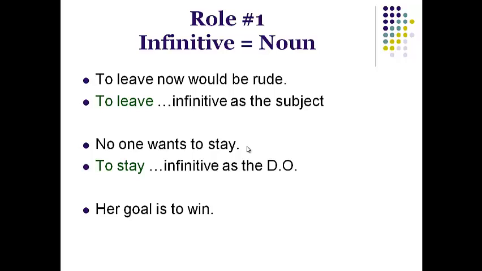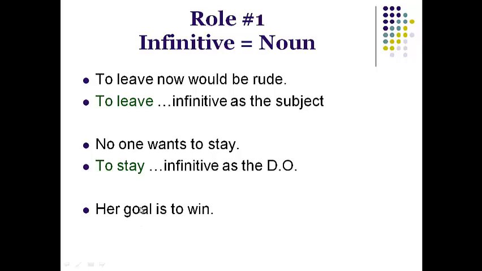Her goal is to win. Now look at this verb. It's either a linking verb or a helping verb. So let's figure that out first. Is there another verb to go with it that it's helping? Nope. So that means it has to be a linking verb. And do you remember what linking verbs link?